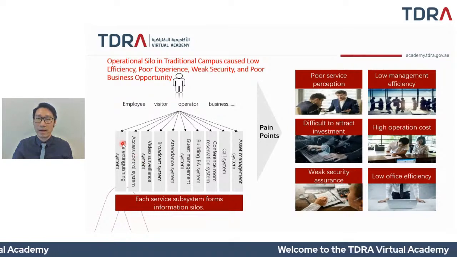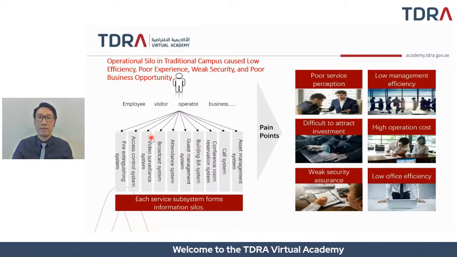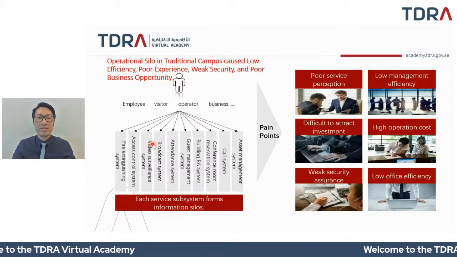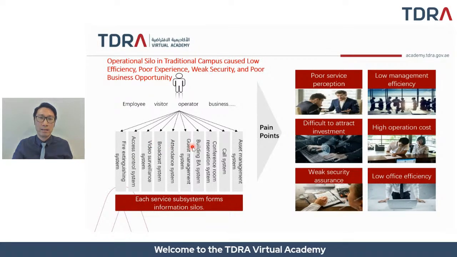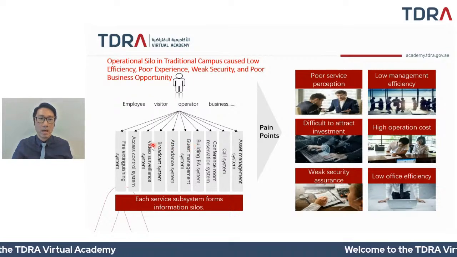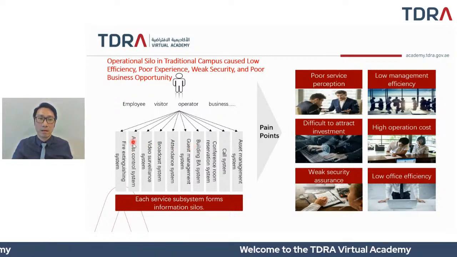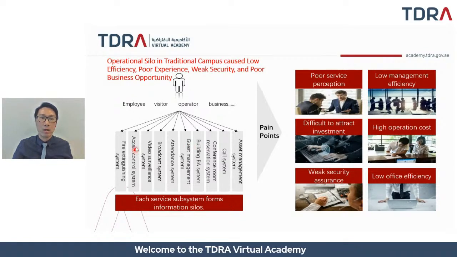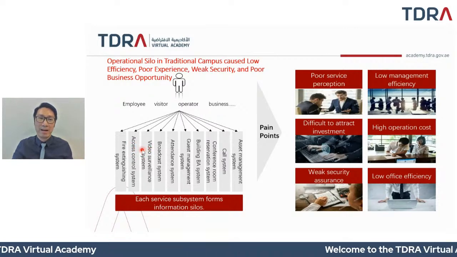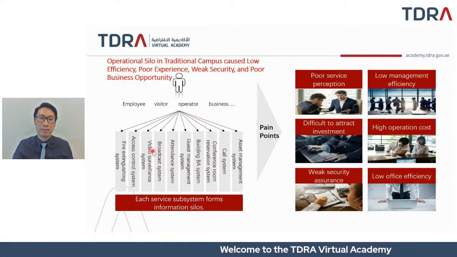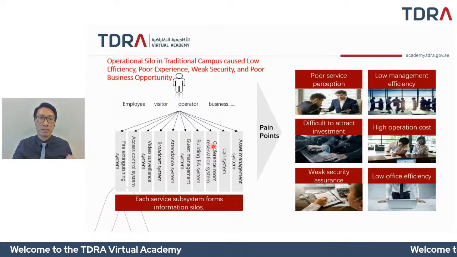For example, we have the fire extinguisher system, we have the video surveillance system, attendance system, but all these kind of system is independently working and they are not cooperating with each other. For example, if you have the visitor access control system, it did not work with the video surveillance system. So this is all independent system, and this create some problem, especially if you want to make your process smarter.